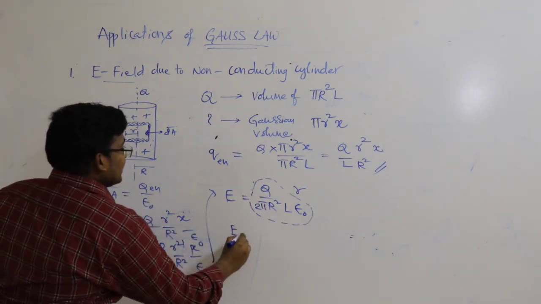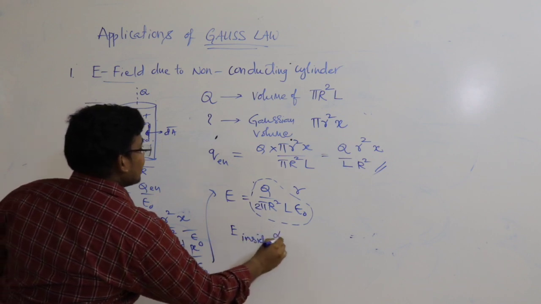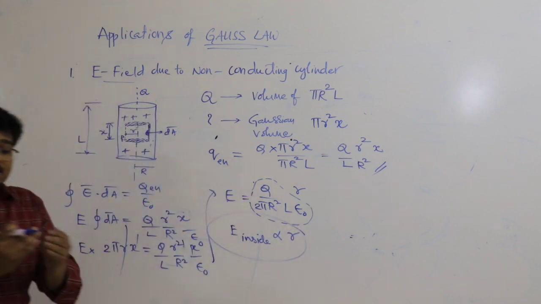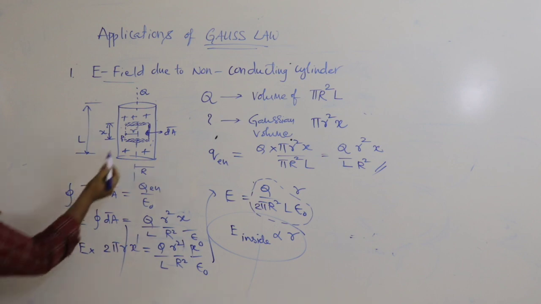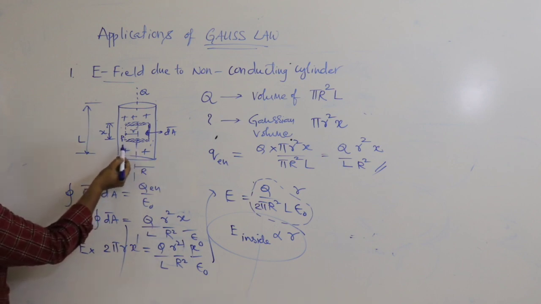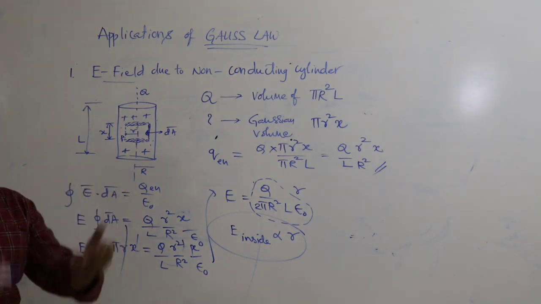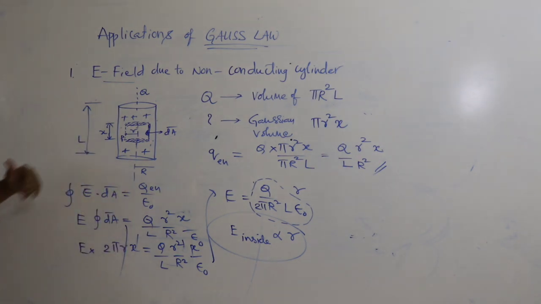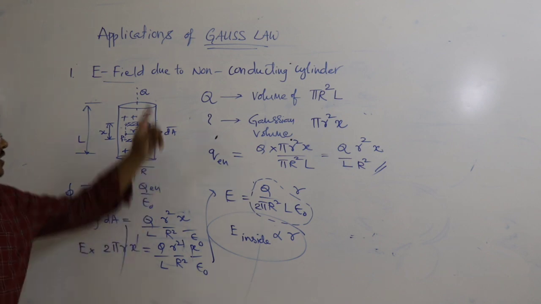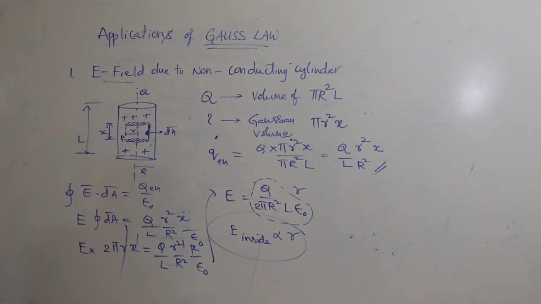Now the electric field inside is directly proportional to r. As the distance from this axis increases, where we are finding the field, more charge comes, so the electric field increases. So this is the way to find the electric field inside a non-conducting cylinder.